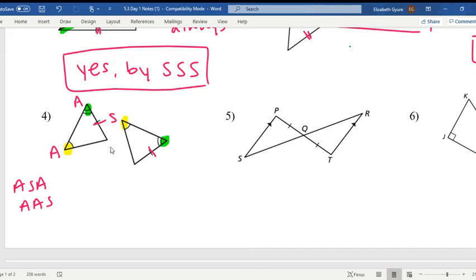If you look at your picture, to decide which one it is, you've got to look at where your side is. Does this side connect my 2 angles, or is it just kind of doing its own thing? Is it one of the other sides?